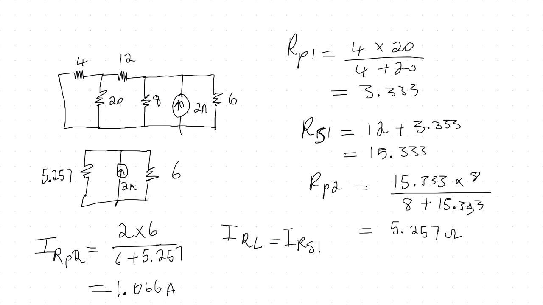IRS1 is equal to 1.066 times 8 divided by 8 plus 15.33. So 1.066 times 8 divided by 8 plus 15.33, you're getting 0.365.